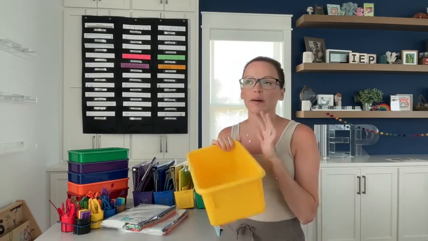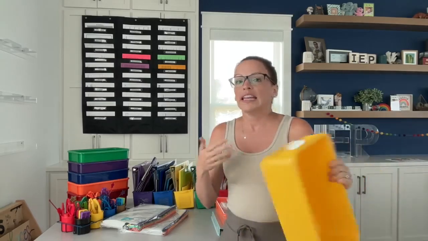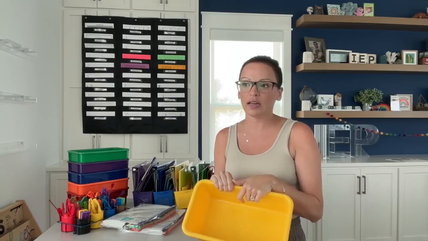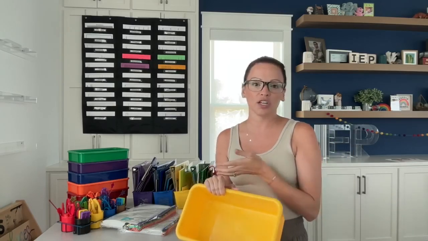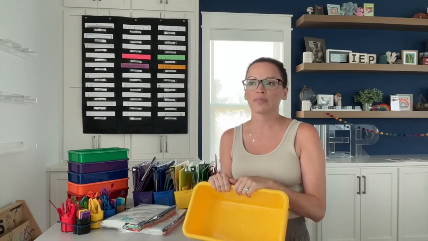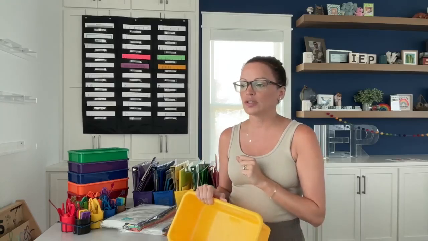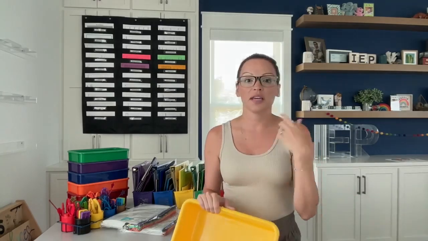I would change them out about once every 4 to 6 weeks just to keep them engaged and interested in what was in the bin. I would prep things that were evergreen probably every quarter, and by evergreen I mean things that I could use with multiple students or throughout the entire year. So not necessarily snowmen counting. I would still do snowmen counting, but I would also do something like counting fish or counting leaves on a tree.